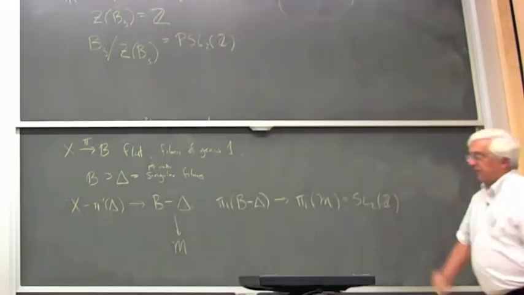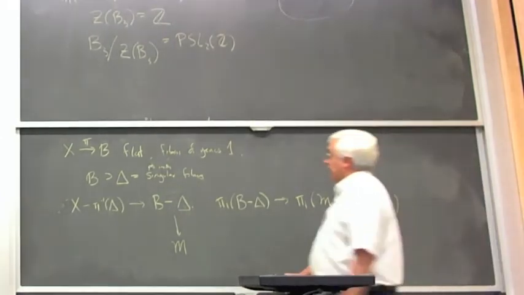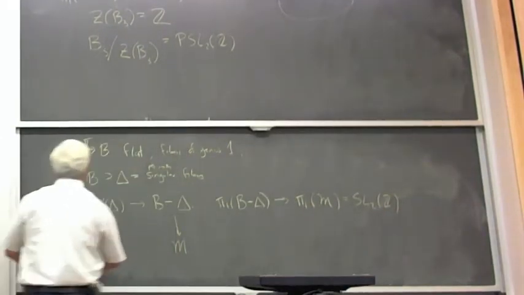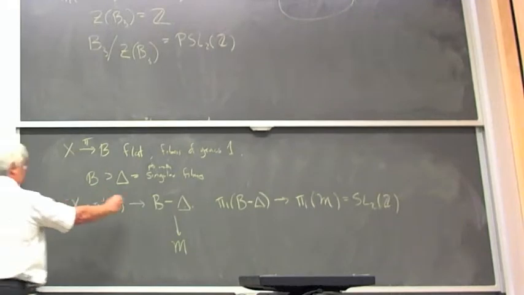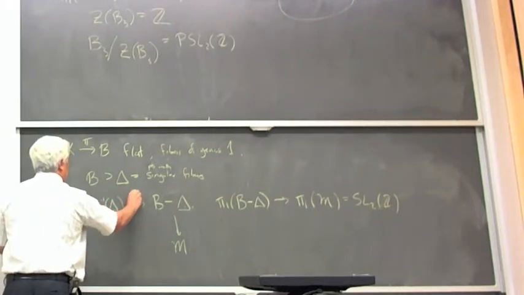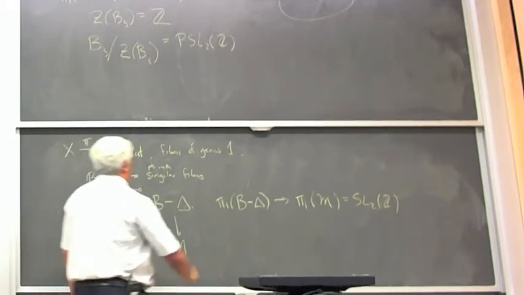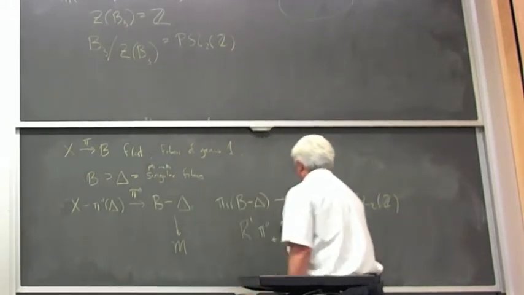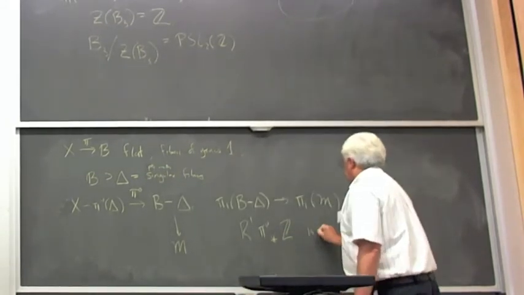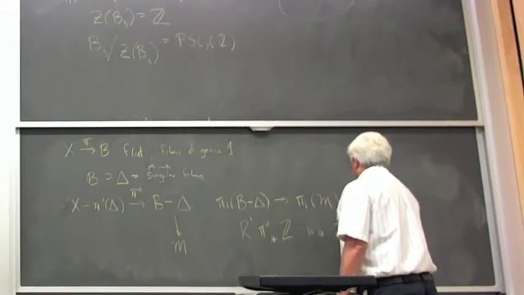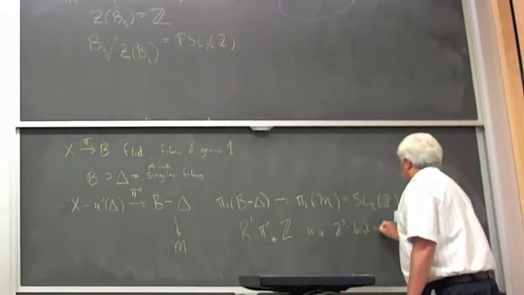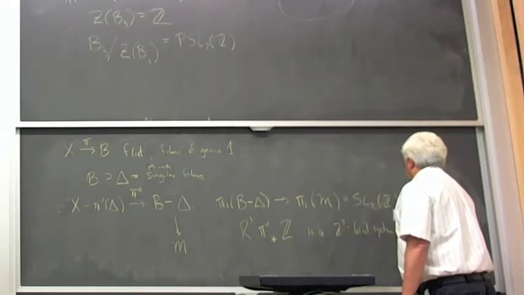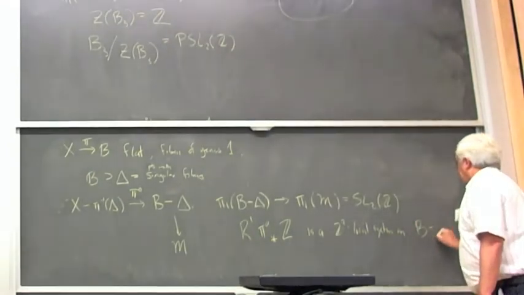Now, from another perspective that's not too surprising. We've got the possibility of taking, let me use pi 0 for the restriction, R1 pi 0 lower star of Z. So this is a Z2 local system, with fiber Z2, on B minus delta.